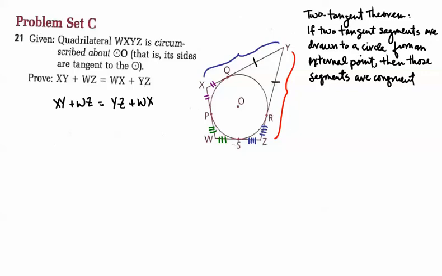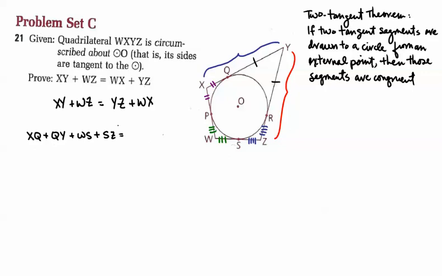Now then, one way to look at this might just be to break each of those multiple segments into their corresponding parts. So for example, XY would be broken down as XQ plus QY, and then plus WZ, which is WS plus SZ.